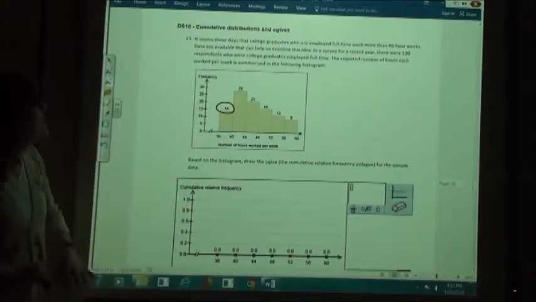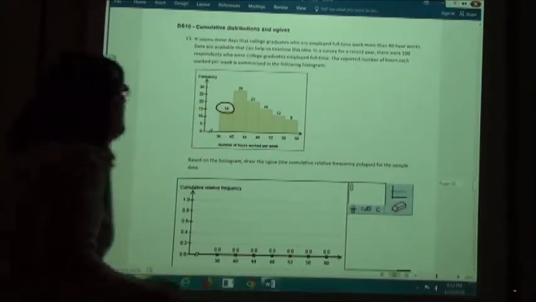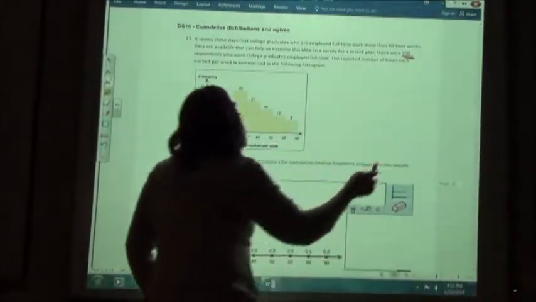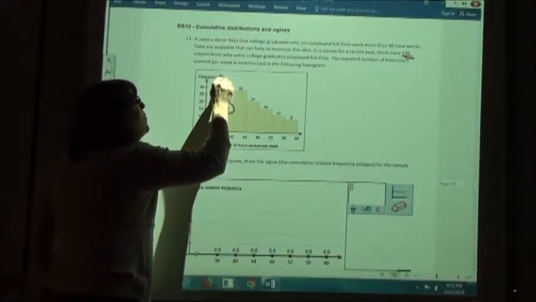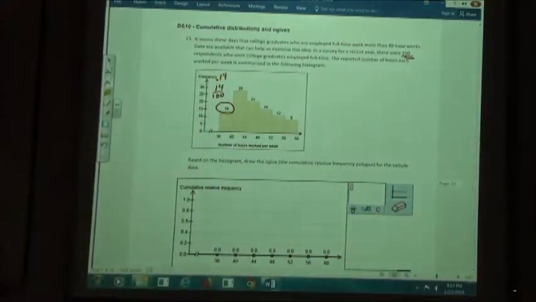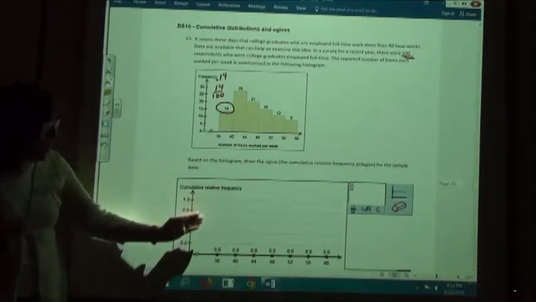Oh, I have to do percents. Are these out of 100? Yeah, these are out of 100. So 14 out of 100 would be 0.14, right? I think they made them nice and put them out of 100. Now you'll notice that there isn't exactly a 0.14.